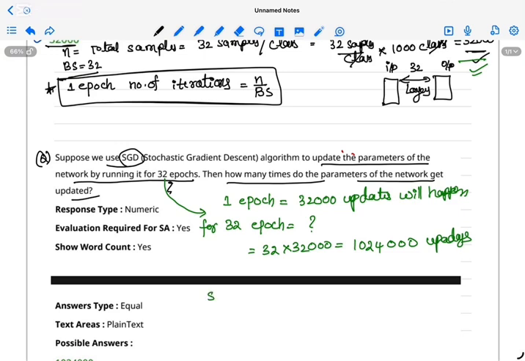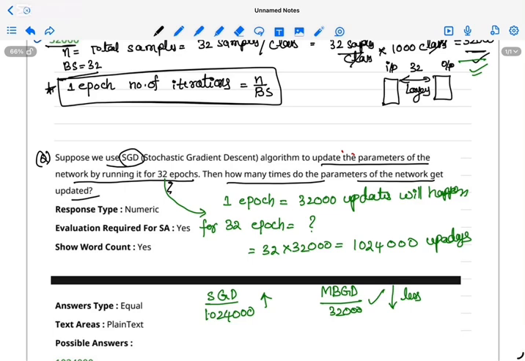So when comparing SGD, stochastic gradient descent, and momentum based gradient descent, the number of updates here is 1024000, and here 32000. Here the number of updates is less, here it is more.